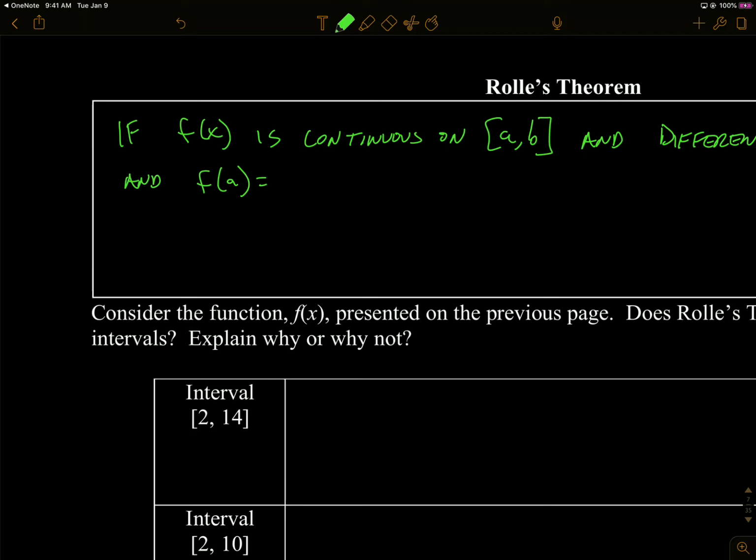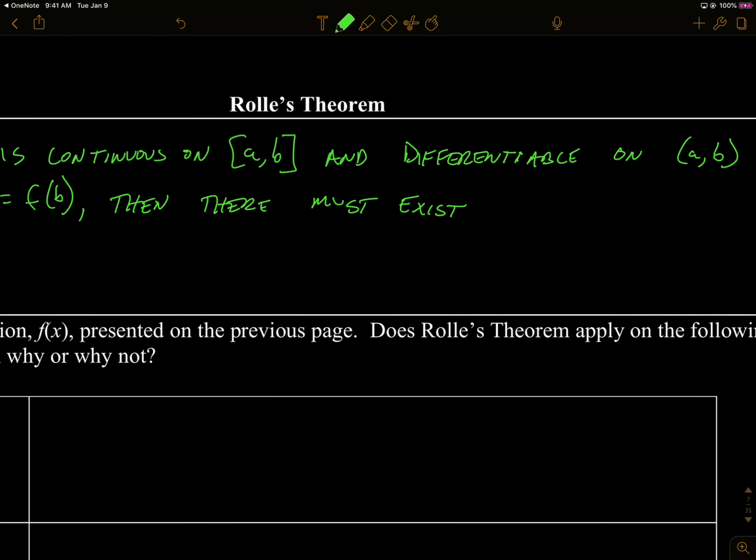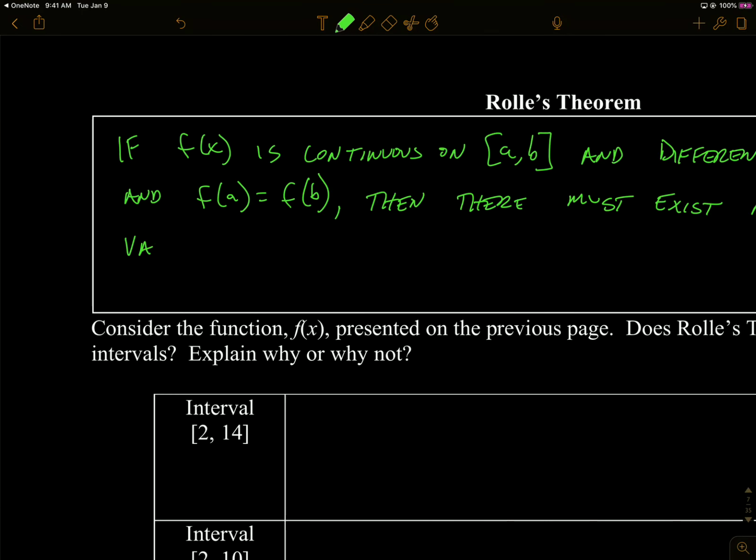So remember, f of a means the y value of the first endpoint, and f of b is the y value of the other endpoint. If they're equal, they're the same height, then there must exist, so again, it's an existence theorem, at least one value, we'll call it c, on the open interval.